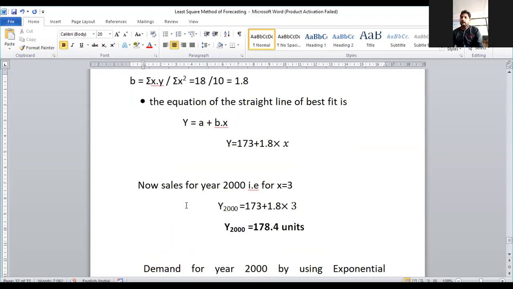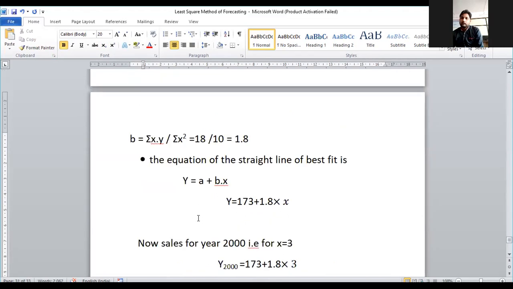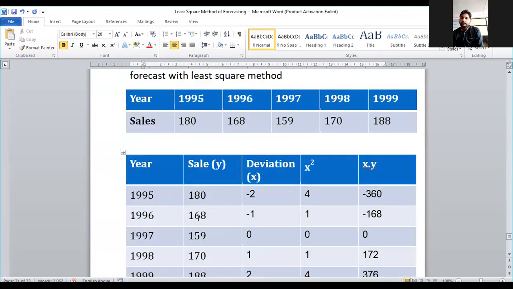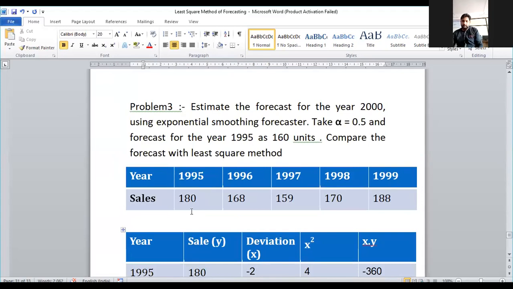Now the second part of the problem is that we have to determine the forecasted demand for year 2000 by using a smoothing constant, or we have to consider the exponential smoothing method to solve the problem.